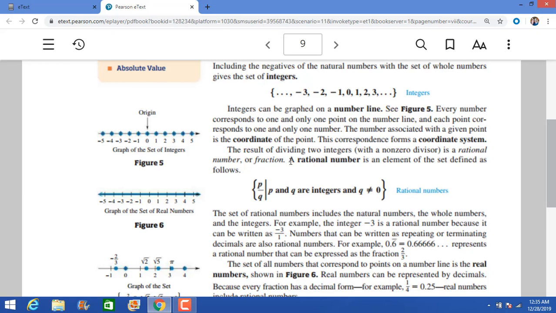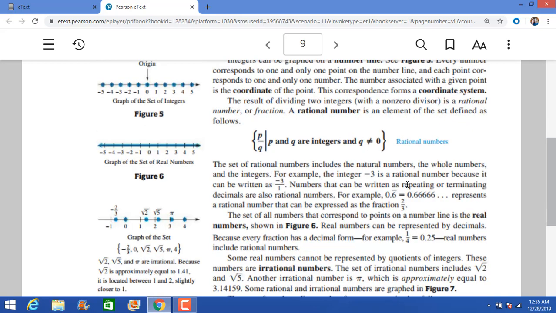That's where we get the rational numbers. The rational numbers are defined using set notation as follows: P divided by Q such that P and Q are both integers, where Q, the denominator, is not equal to 0. If we do that, we can represent any fraction on the number line.